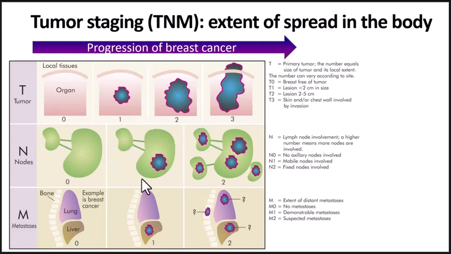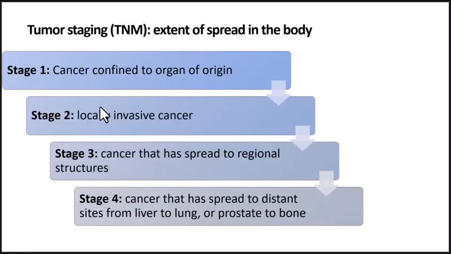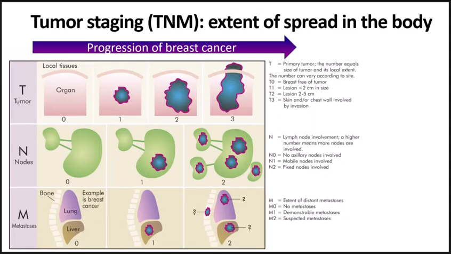It is possible that there could be nodal involvement though. In most cases, if there is, if we look over here at N1, there might be a mobile node, meaning a movable node that's involved. And then M, metastasis, would be 0 with stage 2, because we know spread doesn't actually occur to organs until stage 4.